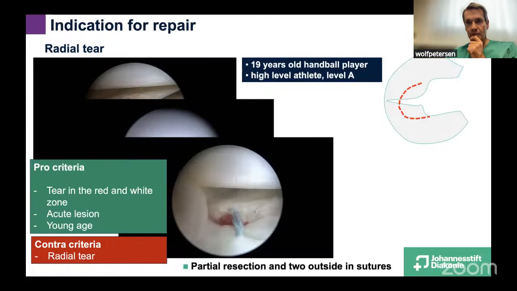In this case, I did a partial resection, and then did an outside-in repair with 2 horizontal sutures.